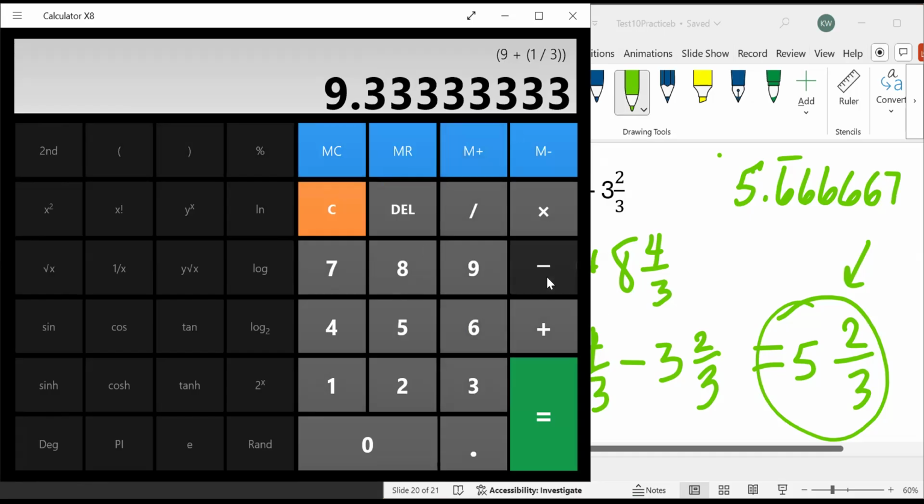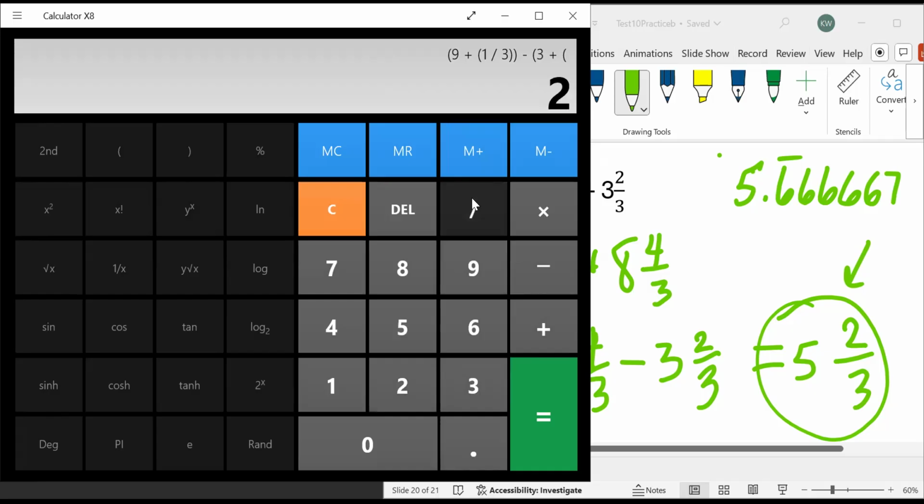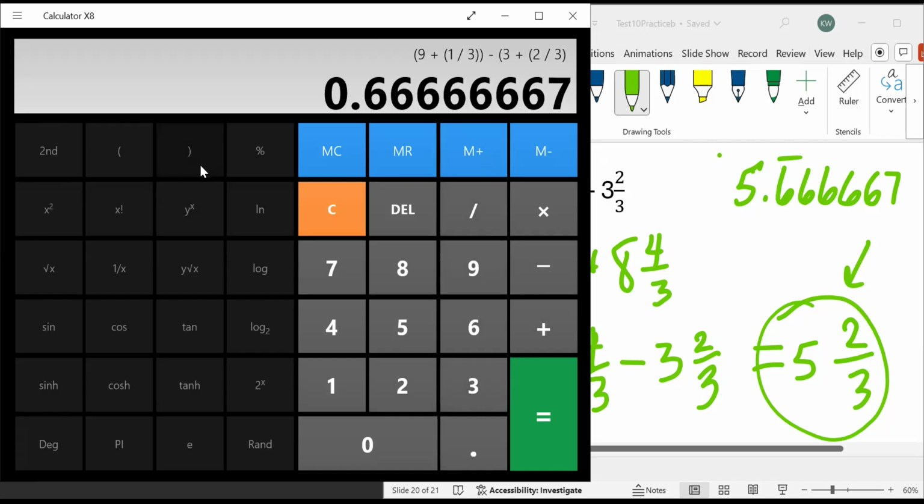And then we are subtracting the second number. Make sure you use parentheses on that one too. That one's going to be 3 plus 2/3. But you have to be careful that you put in all the right parentheses.